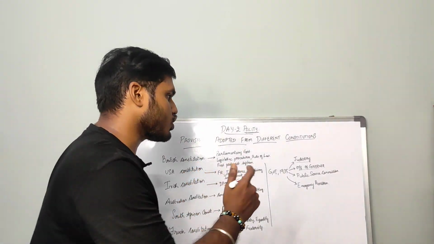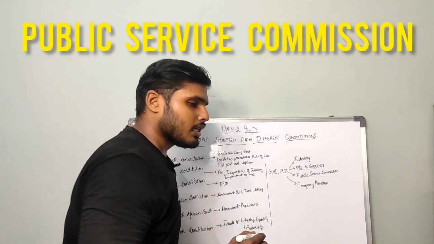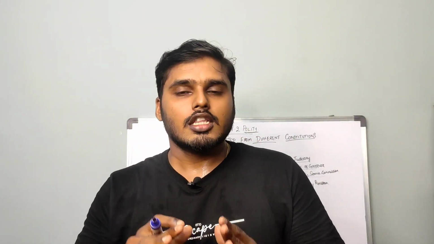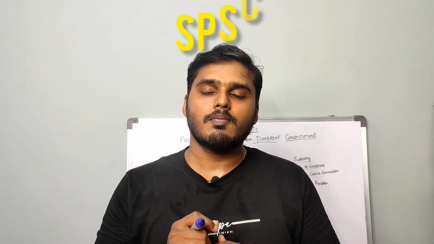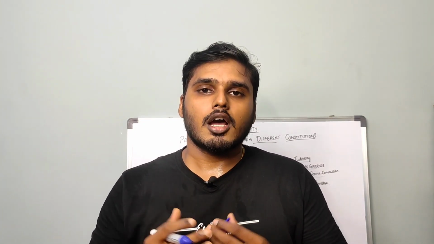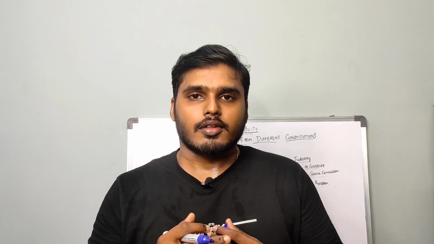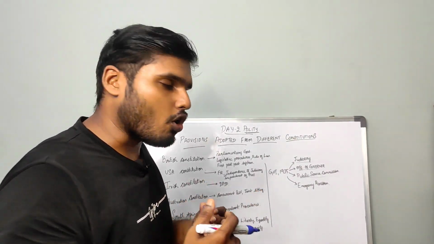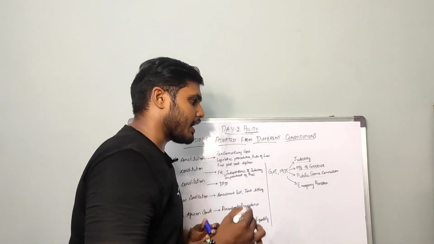Also, the next feature is the Public Service Commission, be it the Union Public Service Commission or each and every State Public Service Commission. In case two states come together and make a call to Parliament asking for a Joint Public Service Commission, it can be brought into effect. These features were brought into our constitution from the Government of India Act 1935.